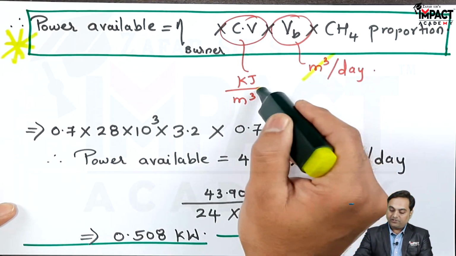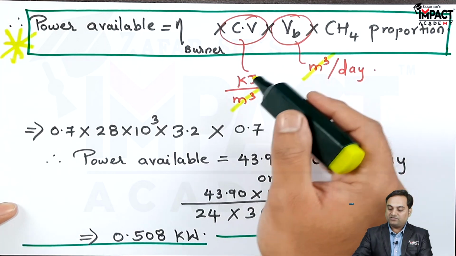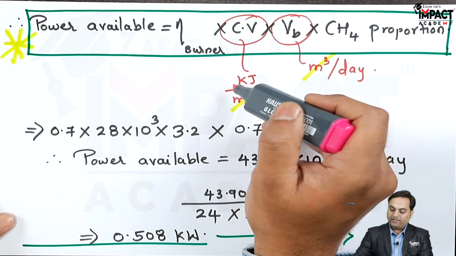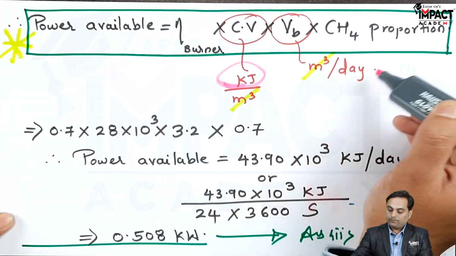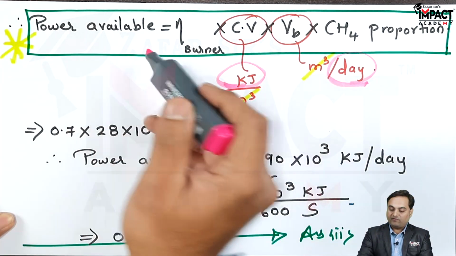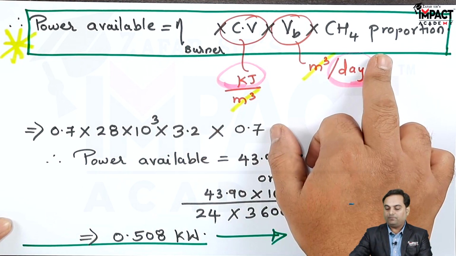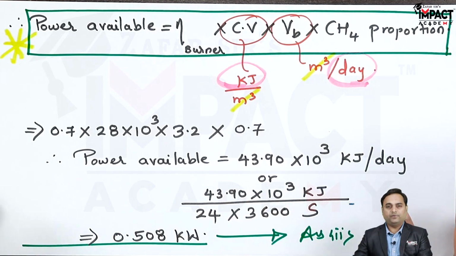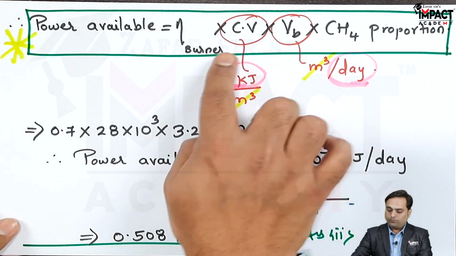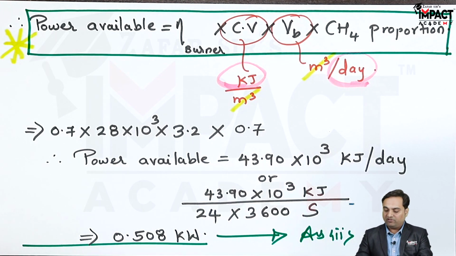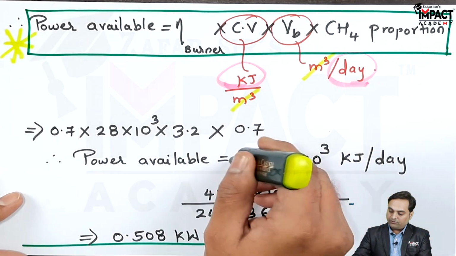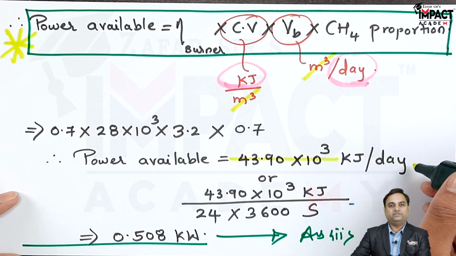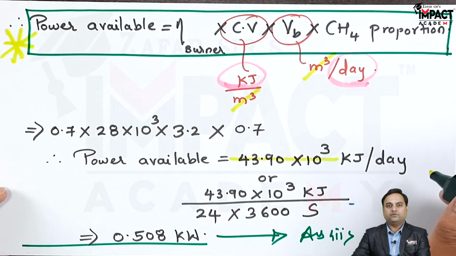So meter cube and meter cube get cancelled, and what remains is kilojoule per day. That will be the unit of power available, because burner efficiency and methane proportion are just numbers without any unit. On putting all the values, I am getting the power available as 43.90 into 10 raised to 3 kilojoule per day. Now I have to convert it into kilowatt.